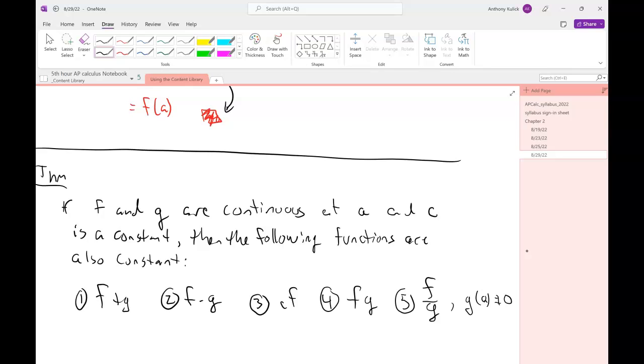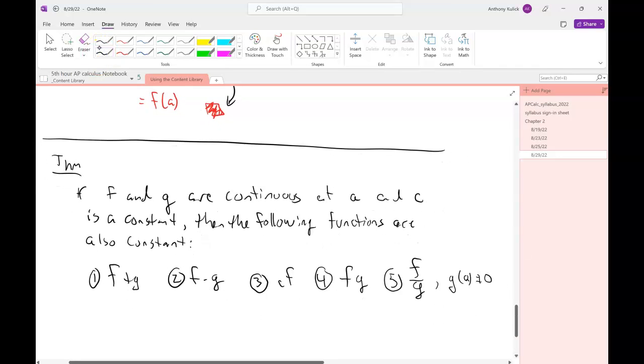F minus g, the difference, is continuous. A scalar times a continuous function is continuous. The product of two continuous functions is continuous. And the quotient is continuous, provided that the denominator is not equal to 0 at that value a, which is quite helpful, particularly when we combine it with this theorem.